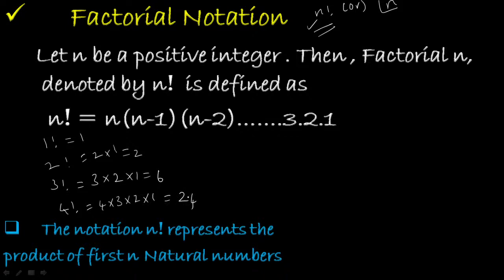So, you must remember all these things, because whenever a value like 1 factorial occurs, it will be easy. If it is 4 factorial or 5 factorial, you immediately know the value.